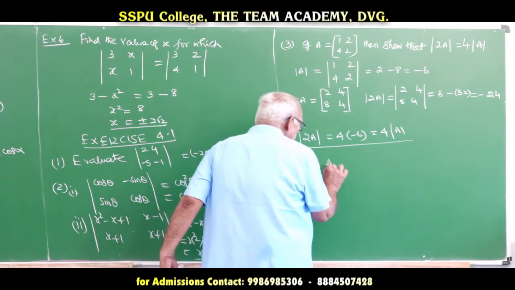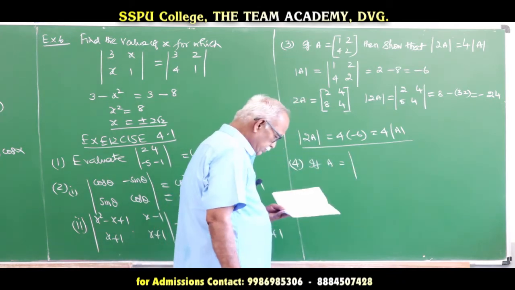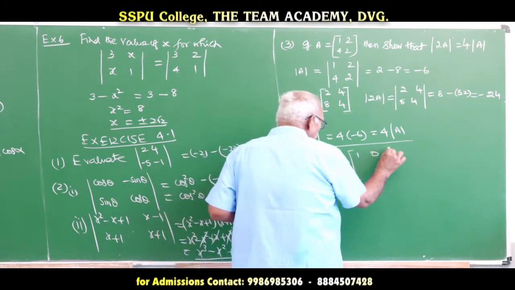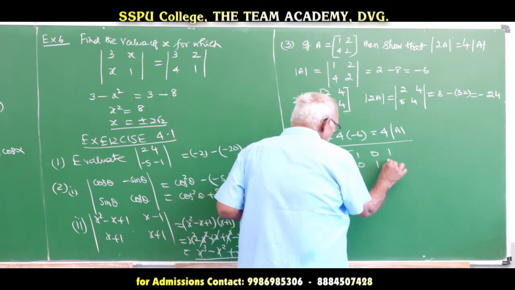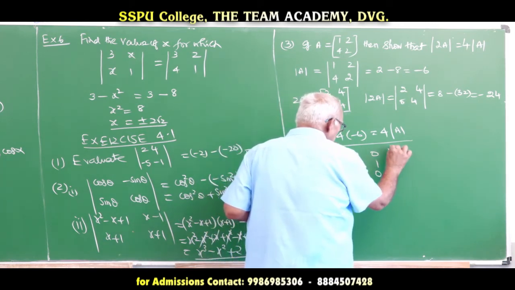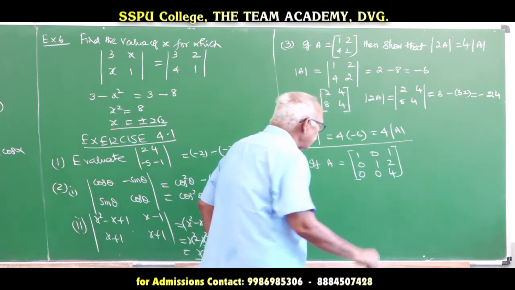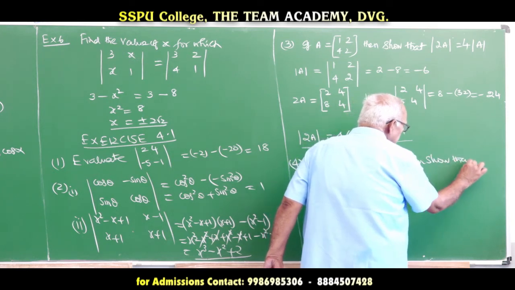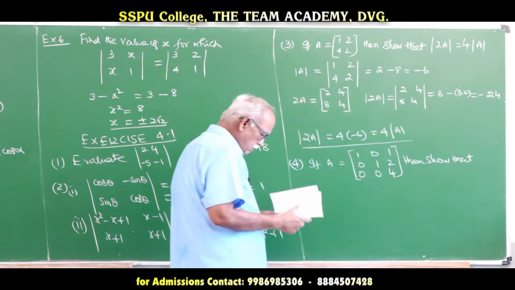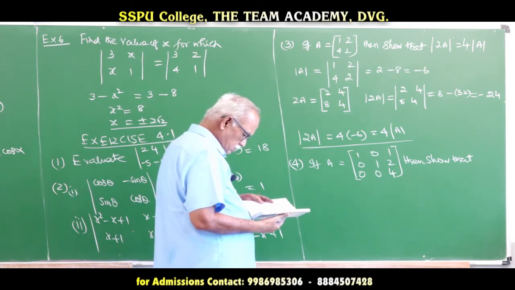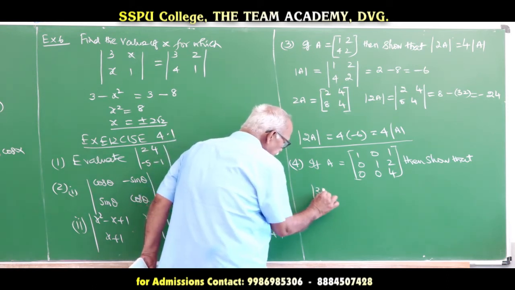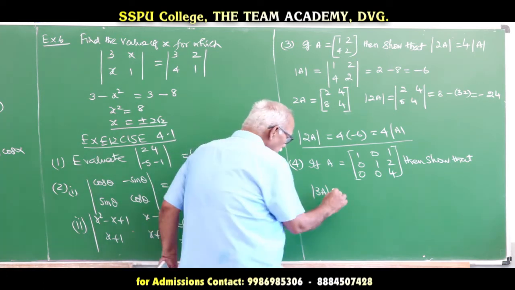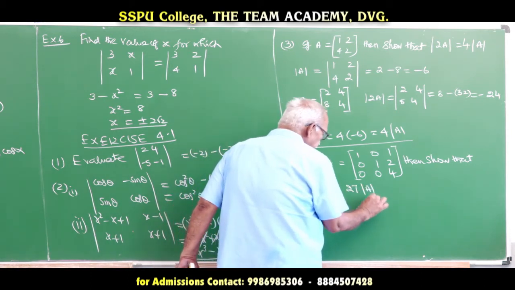If A is equal to matrix 1, 0, 1, 0, 1, 2, 0, 0, 4, then show that determinant of 3A is equal to 27 into determinant of A.